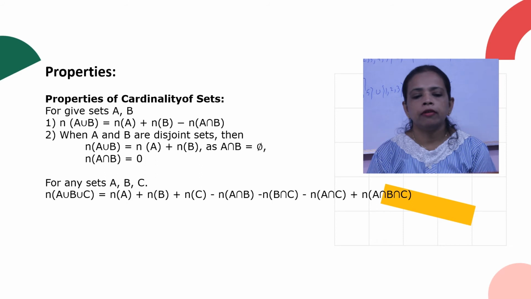If we take three sets A, B and C, then the number of elements in A union B union C is equal to the number of elements in set A plus the number of elements in set B plus the number of elements in set C minus n(A intersection B) minus n(B intersection C) minus n(A intersection C) plus n(A intersection B intersection C).